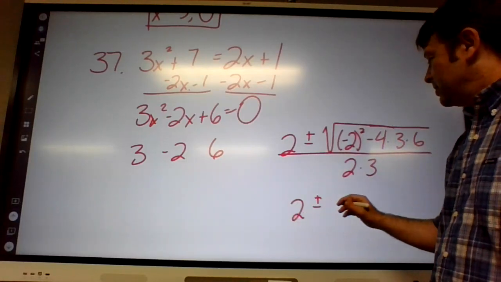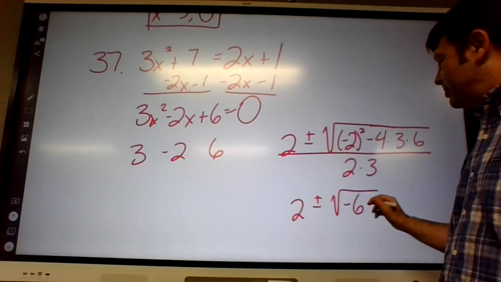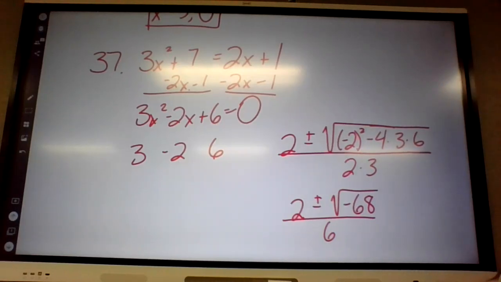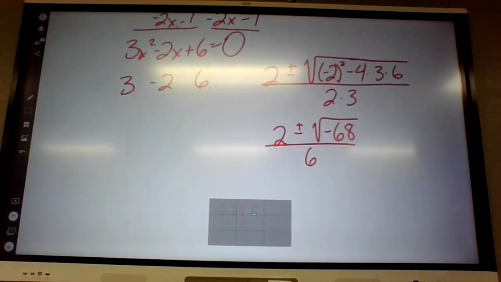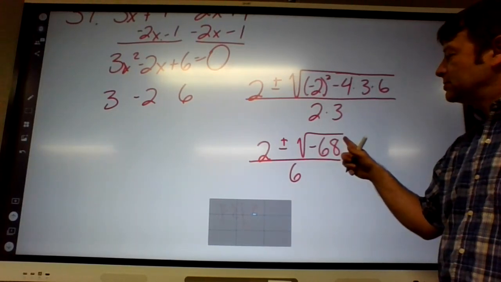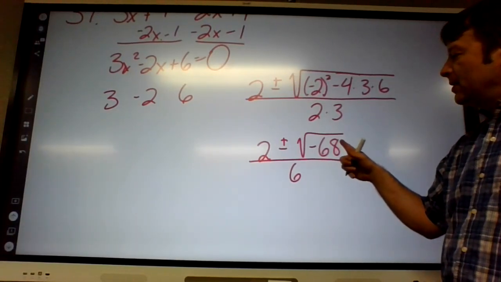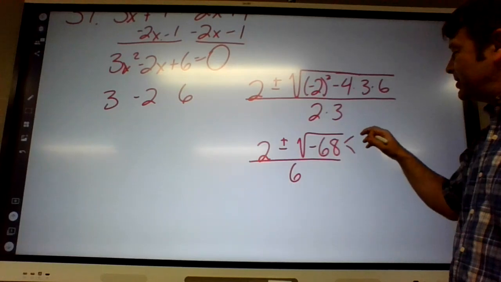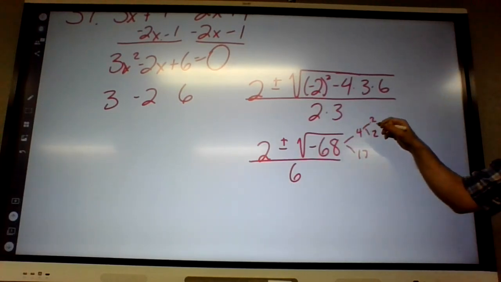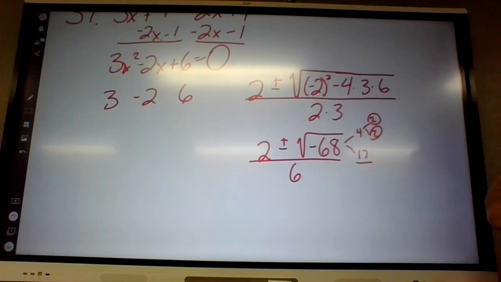Okay, this is another problem where you would get a syntax error. That makes me so mad when I do that, because then I type it all in and then it clears it, and it makes me very unhappy. So negative 47. I just always have to do the discriminant by itself. 68 does simplify a little bit. 2 squared is 17.